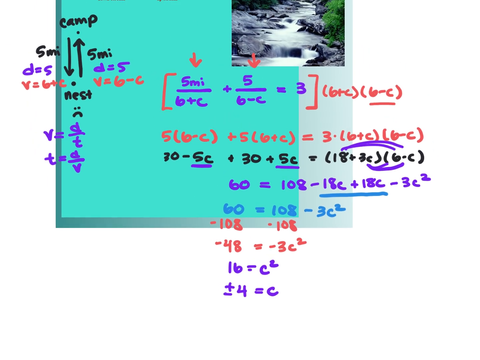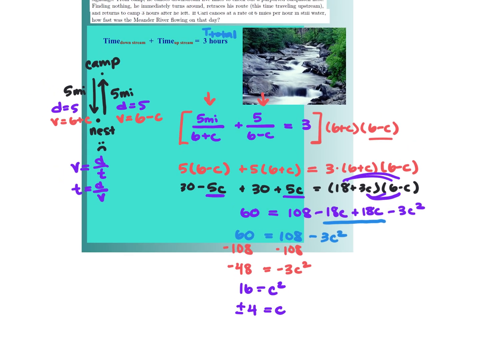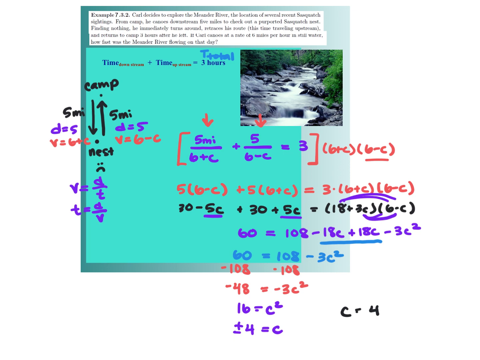The positive versus negative in this case represents the direction of the current. When it's going against him, we would consider that negative. When it's going with him, we'll consider it positive. If we're just talking about a velocity, we would just say positive 4, what were our units? Miles per hour.